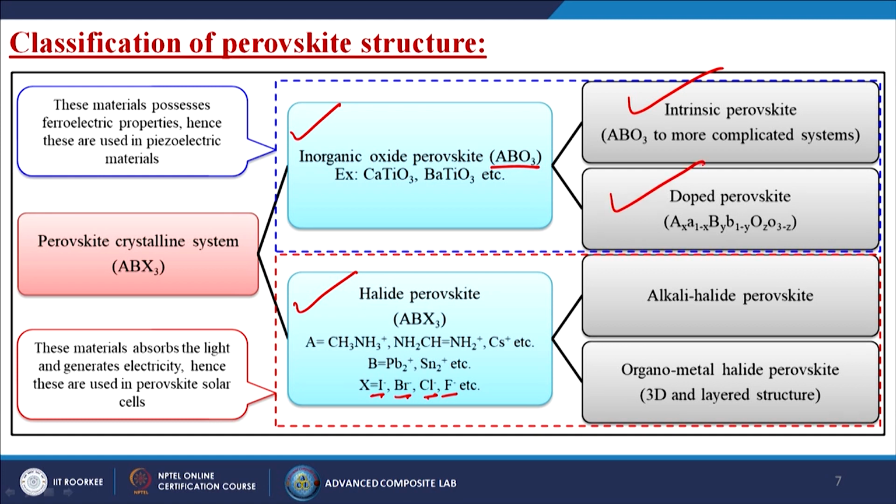This is the complex structure. Similarly, the halide perovskite is also divided into two parts: the alkali halide perovskite and the organometal halide perovskite, or the 3D and the layered structure, as we call it.